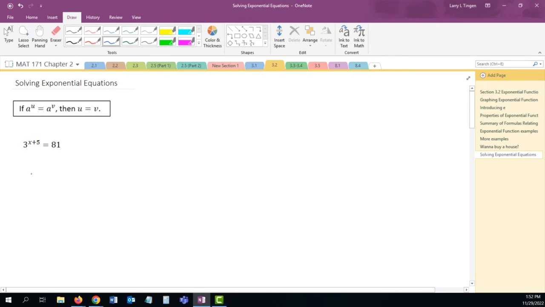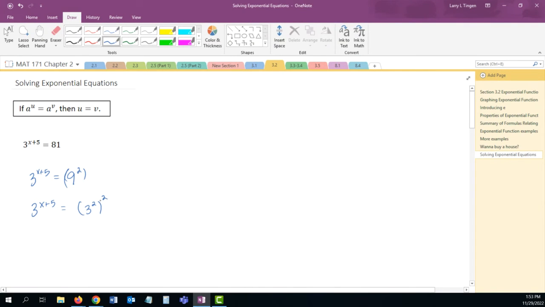So 3 to the x plus 5 is equal to 81. I don't know 81 in terms of 3, but I do know it in terms of 9. 81 is 9 squared, and I know 9 in terms of 3. 9 is 3 squared.